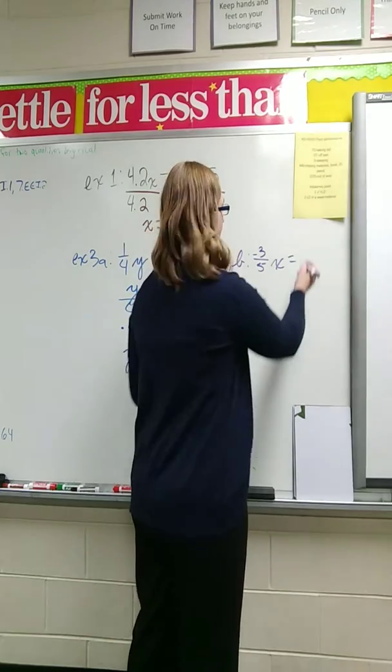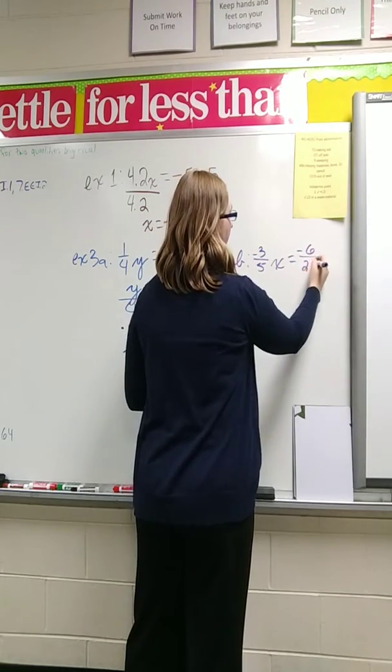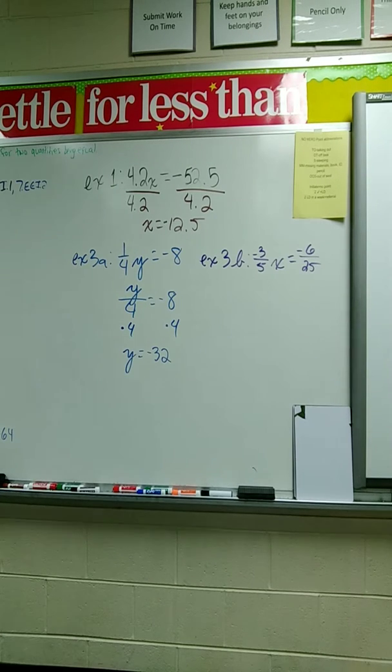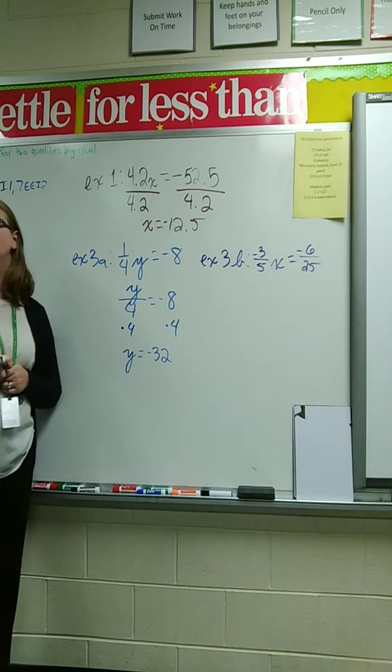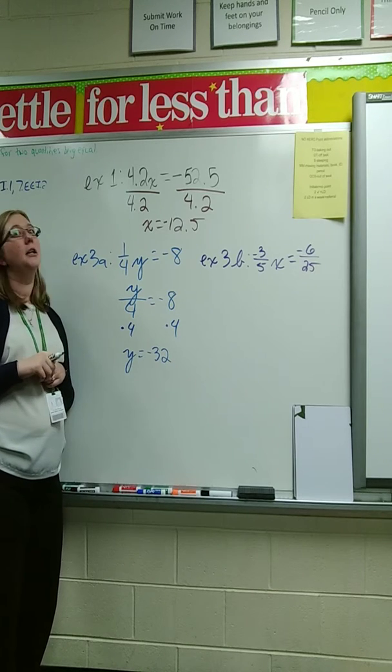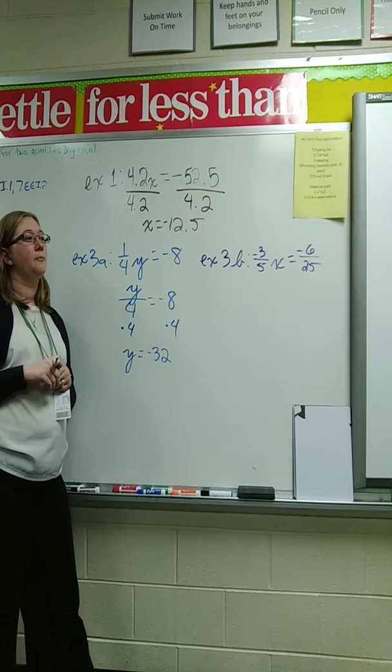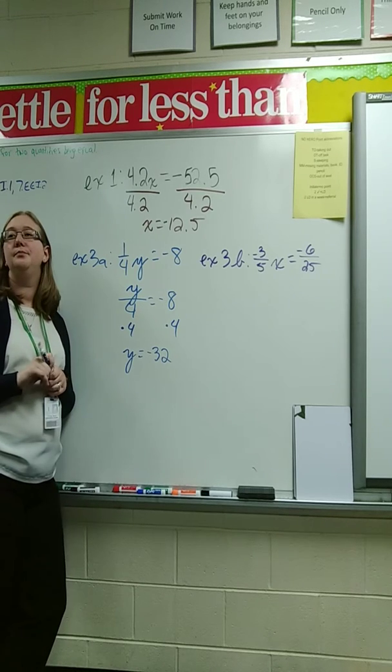Negative 6 over 25. Okay, that equals negative 6 over 25. So in this situation, can I just put x in my numerator and multiply by 5? No. I don't have a unit fraction. So what would I do?